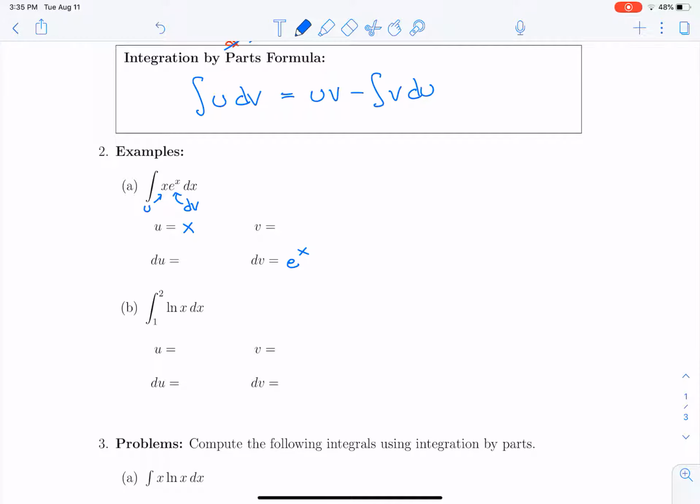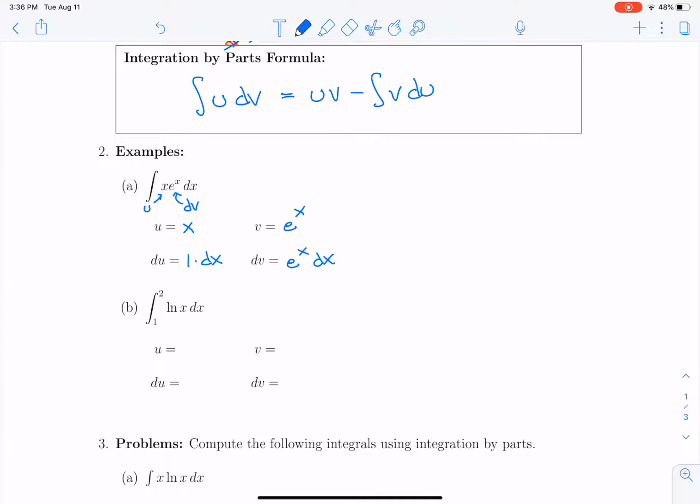Well, dv, which is e to the x, is easy to integrate because the antiderivative of e to the x is e to the x. In fact, we often write dv as e to the x dx, and then the antiderivative is just e to the x. And then u is x, and I'm going to differentiate u to find du. And du is just written as 1, or 1 dx.